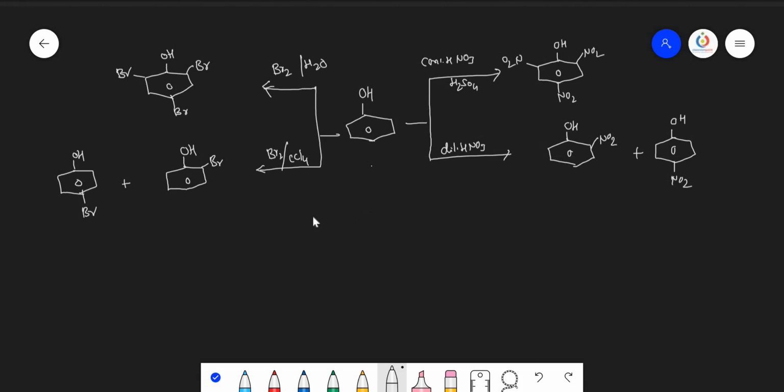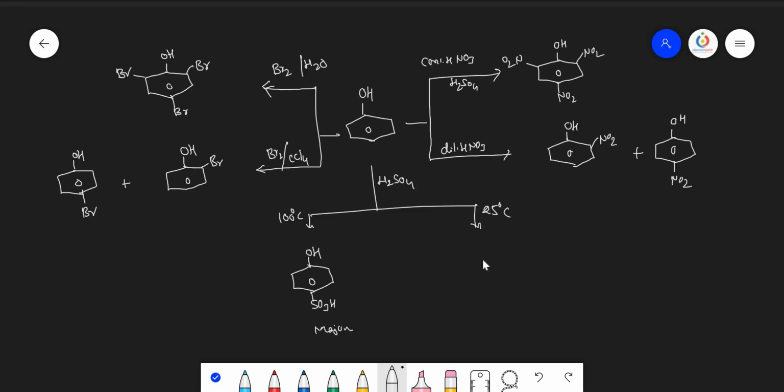Now let us take another similar reaction. You subject phenol to H2SO4, only H2SO4, and temperature. This is at 100 degrees centigrade, high temperature. This is at 25 degrees centigrade, low temperature. When you use the high temperature, you will get para-hydroxybenzene sulfonic acid as the major compound.